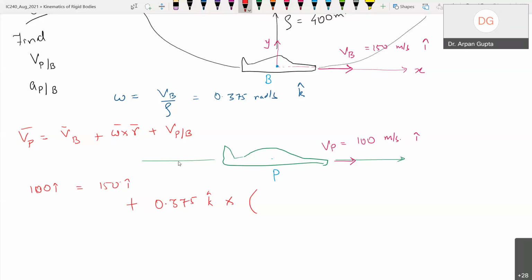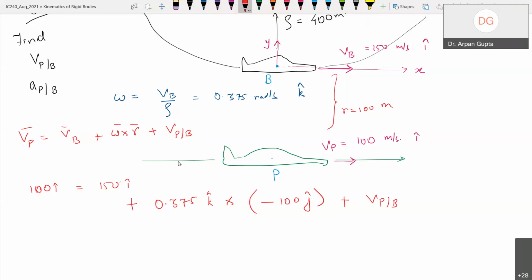So from here we measure it is downward, and this distance is also given. So this distance is 100 meters. It's not mentioned right now. r is equal to 100 meters, so it's in the negative direction. So it is minus 100 j cap, plus the velocity of P as observed from B.